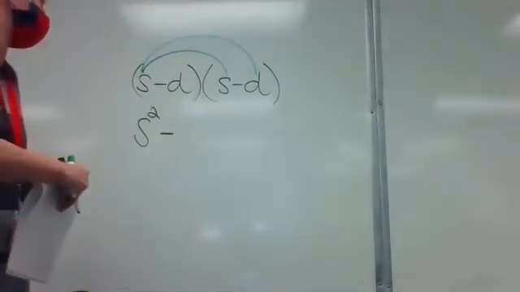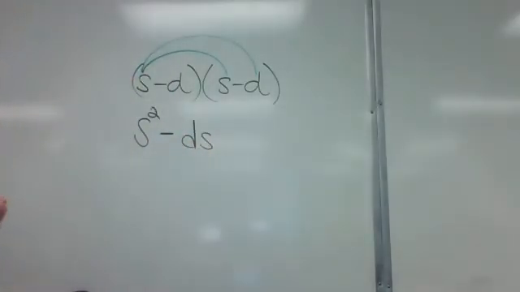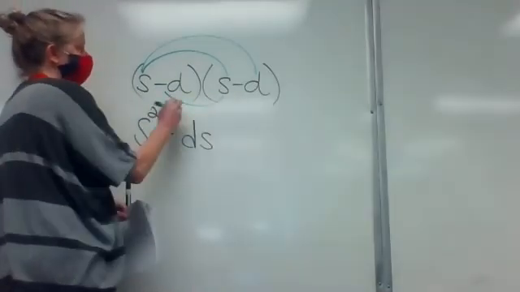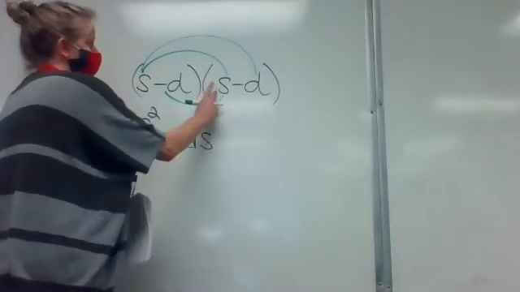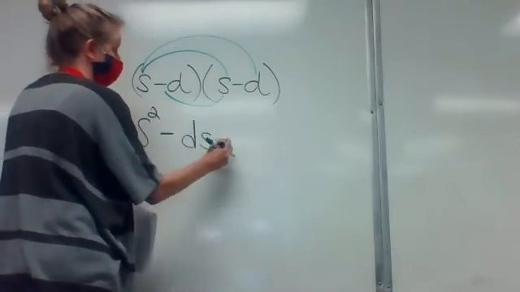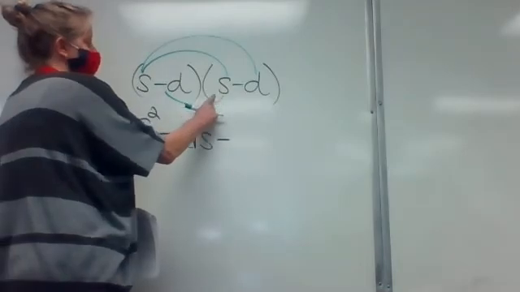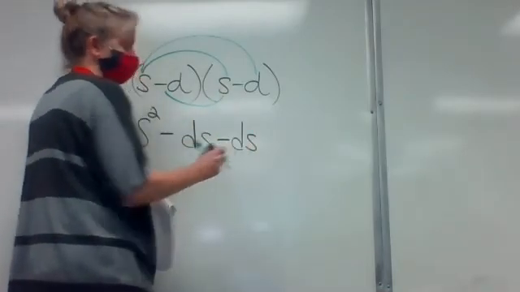S times D, so I'm going to put that as DS. Then my inner, look what I have again, another negative times a positive. A negative times a positive gives me a negative. D times S, again, if I put that in alphabetical order, it'll be DS.